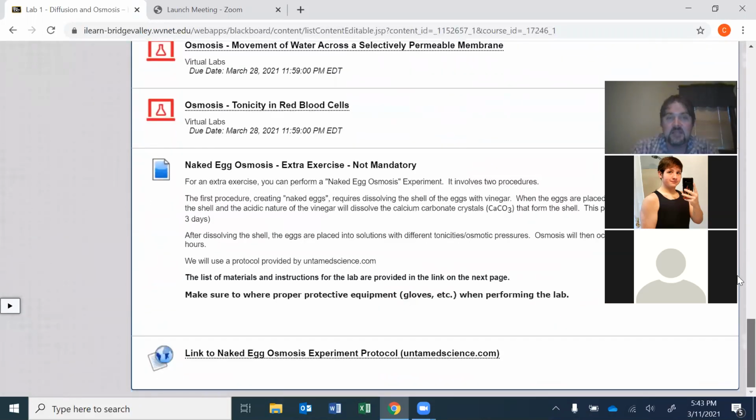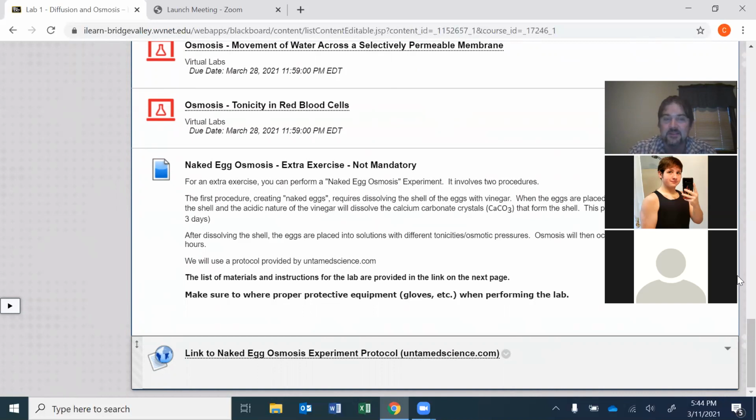Now this naked egg osmosis thing, it's just extra stuff. So if you want to do a little experiment at home using osmosis, then you can, or if you want to do one with your kids, or if your kid has a science project, then you can do a naked egg experiment where you use vinegar to dissolve the shell of an egg, and then put the egg into different solutions and watch to see whether it will take in water and swell up, or whether the water gets pulled out and it will shrink.